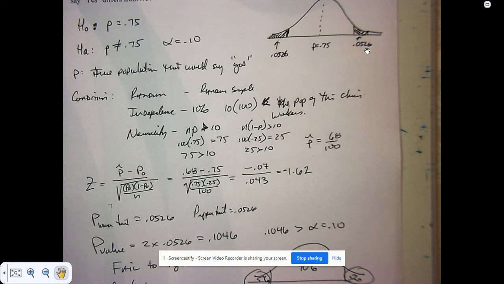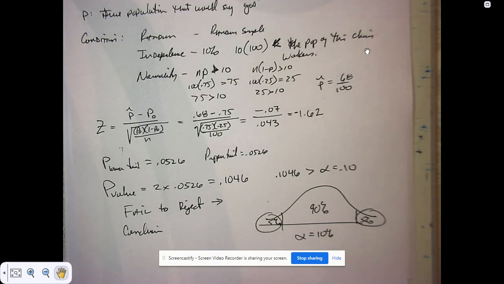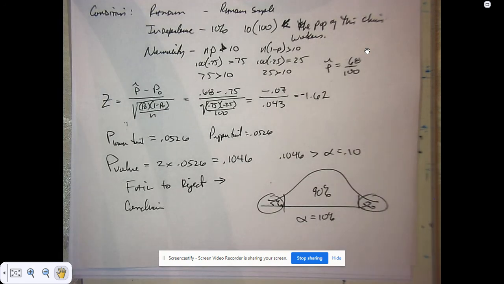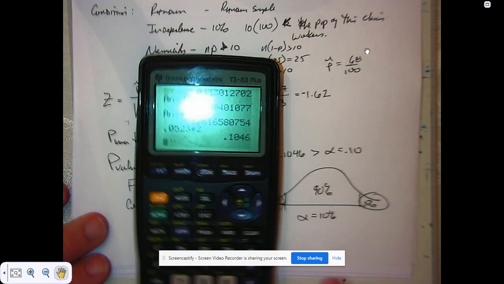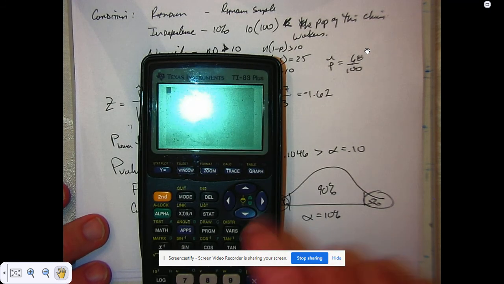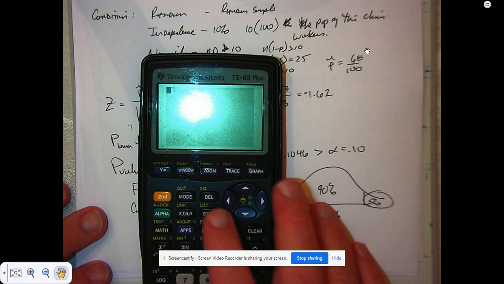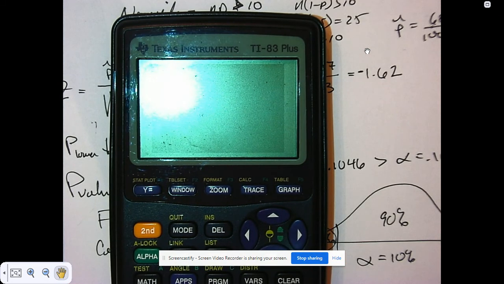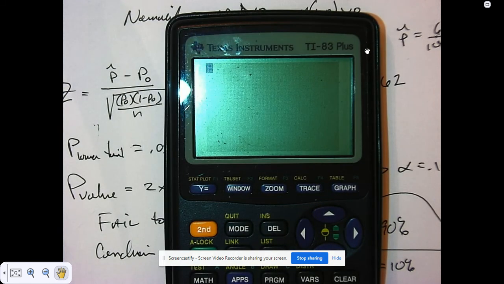Okay. All right. We'll just make sure we understand the calculator portion of this. We are now going to do that test on the calculator. I'll zoom in a little bit and I'll show you how the calculator already does the information for us.